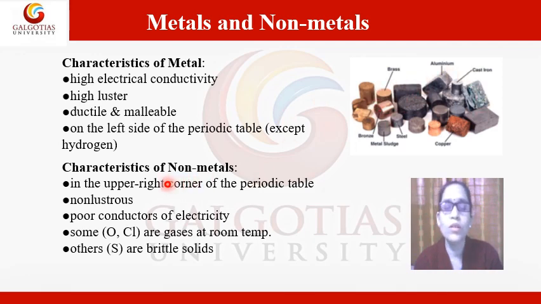Then what are the non-metals and what are their characteristics? In the upper right corner of the periodic table, these are the non-metals. Non-metals are bad conductors of electricity, they are non-lustrous, and they are gases at room temperature, and some others are brittle solids.